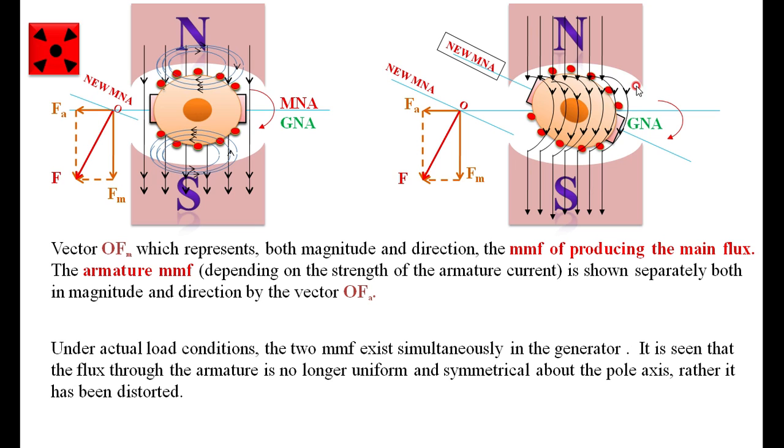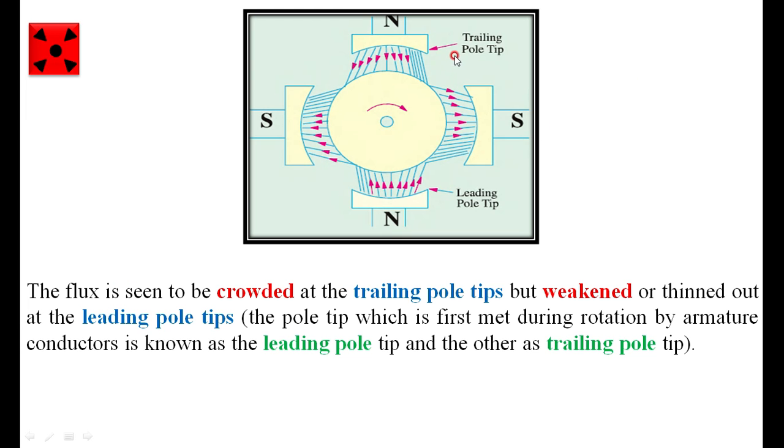We are rotating in the clockwise direction. Therefore, more lines of force are concentrated on the trailing pole tip, whereas there is a weakening of the flux near the leading pole tip. This is the effect of the armature flux on the main flux: the flux is crowded at the trailing pole tip, but weakened and thinned out at the leading pole tip.